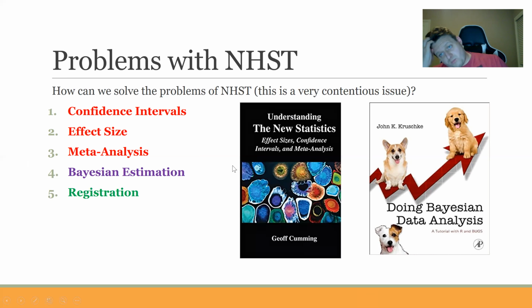So some other ways that we can deal with the problems of null hypothesis significance testing. One is registration. And registration, this is where we say how we're going to do the study and we commit to it. Before we even begin the study, we say we're going to run 60 people. This is how we're going to do the analyses. We write all of that up and we put it in some location that people can keep us honest about it.